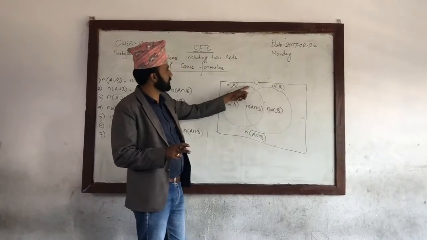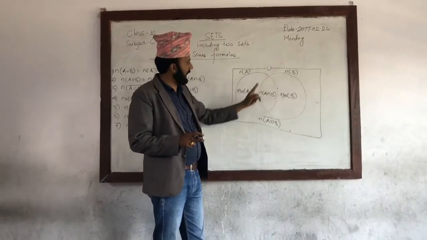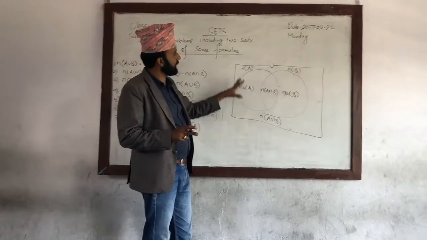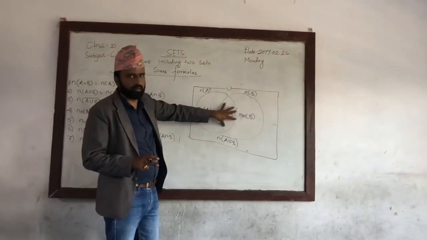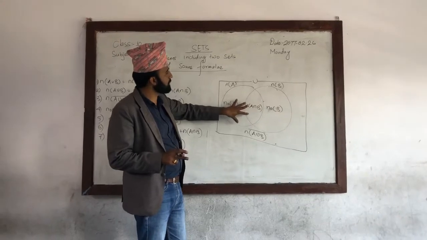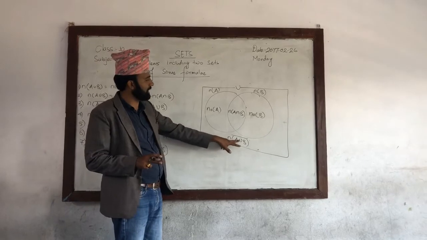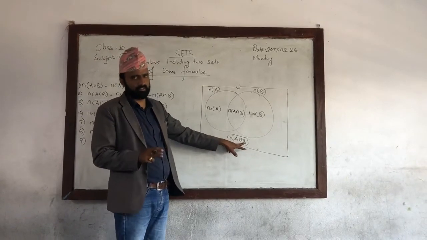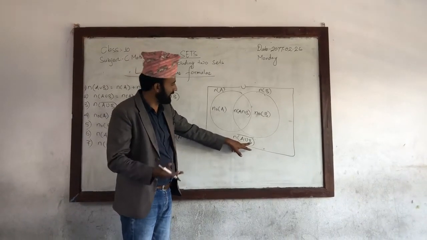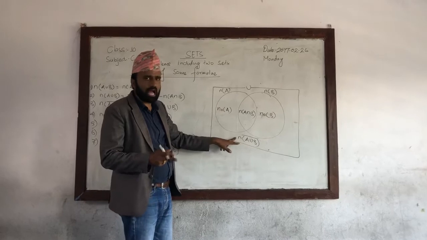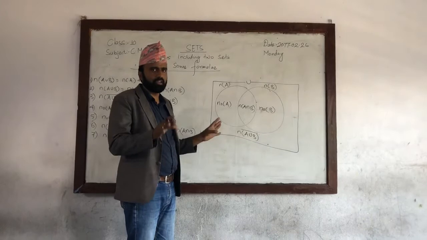And this whole region, all portions, is n(A union B). And the portion outside of A union B is denoted as n(A union B complement). We can say this in another way, the portion outside of A union B.